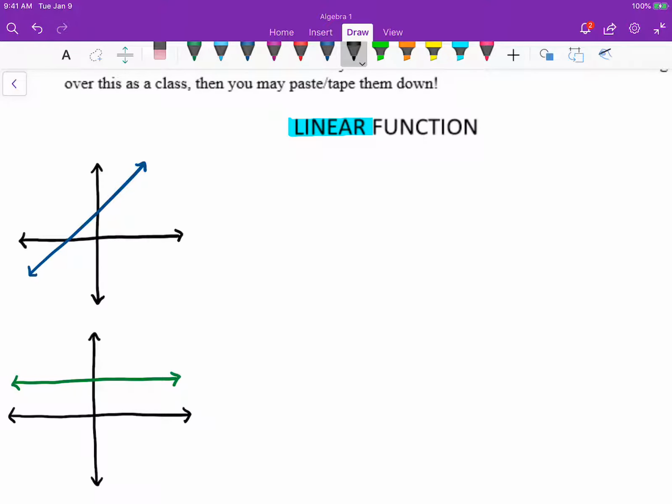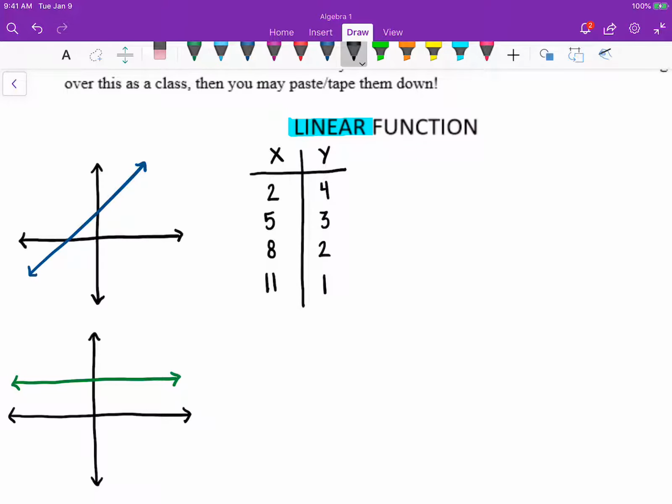Here's an example of a table that would be linear. X's and Y's, and I'm going to put some numbers in the table. In the X column, I'm going to put 2, 5, 8, and 11. And then in the y's, I'm going to do 4, 3, 2, and 1. Now, I'm not looking at whether the x's repeat or not. That would be if I asked you whether this table was a function.